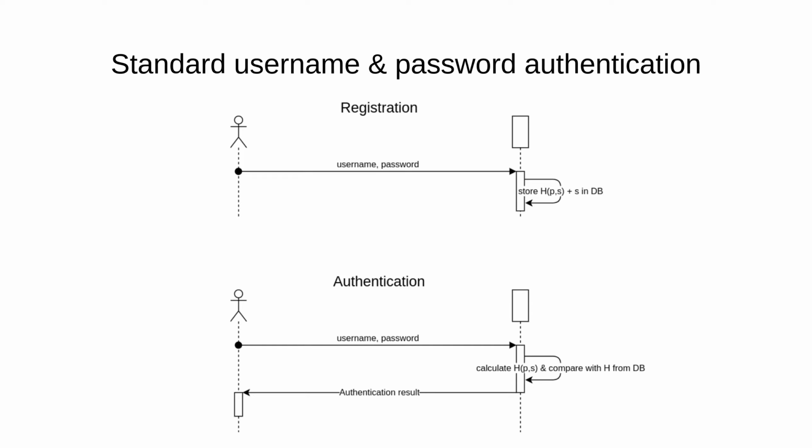And as you can see in this picture, the actual password needs to travel from the client, so from the user, to the server over the wire. Yes, under normal circumstances, this password will travel over an encrypted channel, but still the password has to be sent to the server. This is how a regular username and password authentication works.